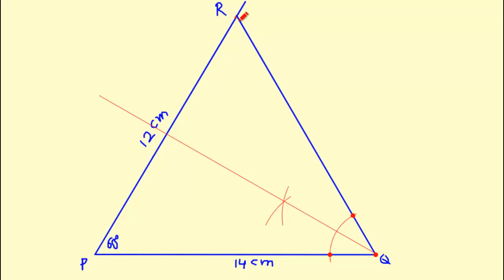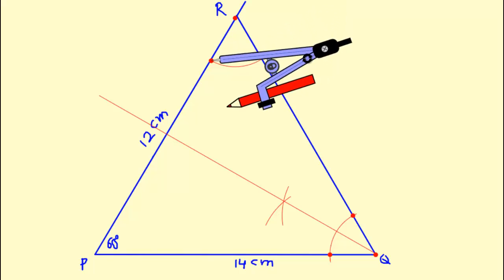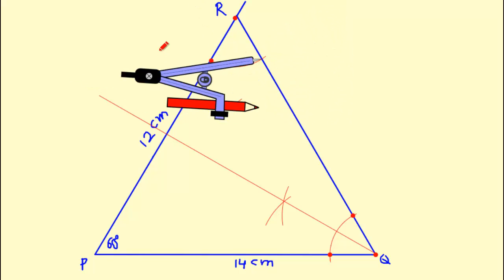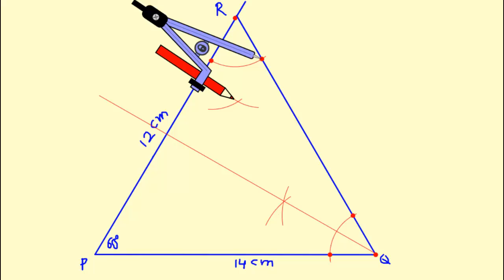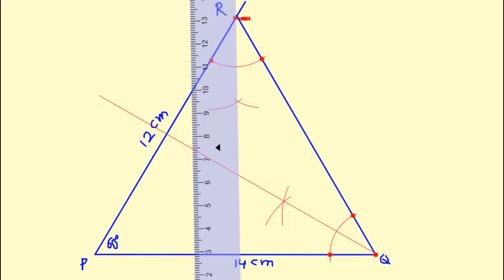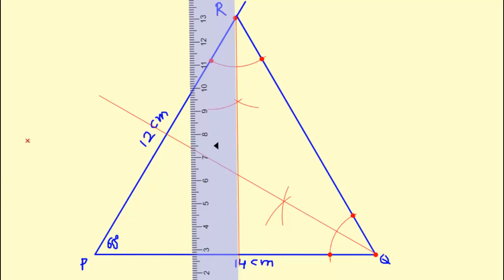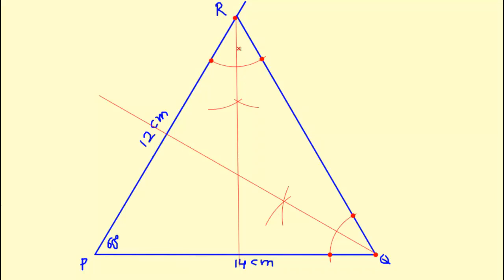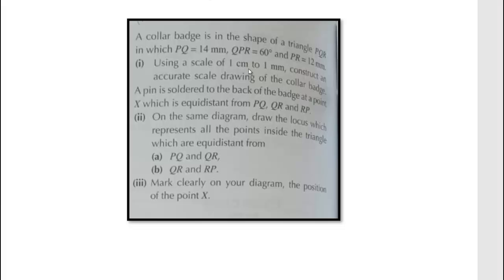Both are intersecting at point R. Now we will draw an angle bisector of R. So this is the angle bisector of R.